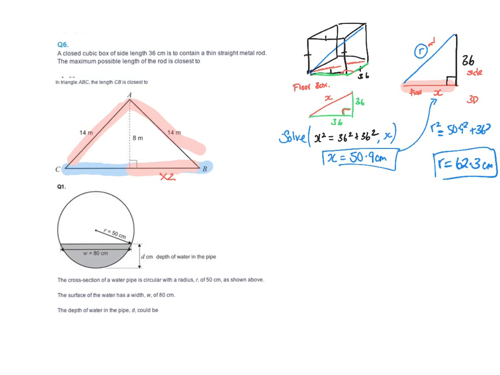So I'm going to use this right angle triangle in here. So I'll go 14 squared equals 8 squared plus x squared, and I'll just do solve, comma x.